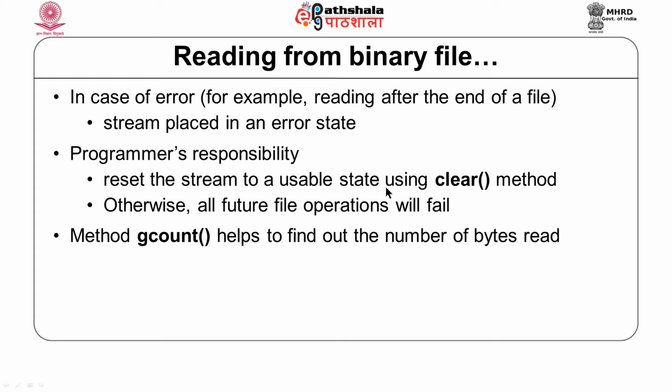Once the error bits are set, again they should be reset using the clear method. Otherwise, all the future operations will see the error bit set. In case of error, maybe all the size bytes are not read; we can use the gcount method to see how many bytes are actually read, maybe less than size.